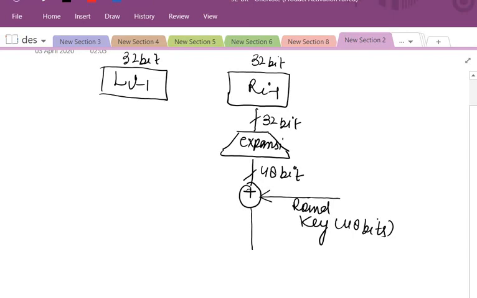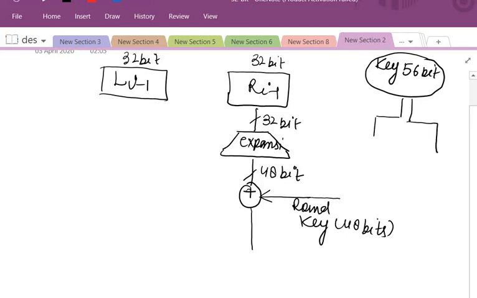This round key is generated from the key generation algorithm. From the 64-bit key, after the parity drop operation, it becomes a 56-bit key. From this 56-bit key, we have to perform the left circular shift.